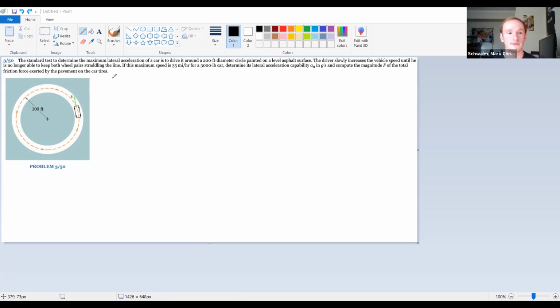The problem reads: the standard test to determine the maximum lateral acceleration of a car is to drive it around a 200-foot diameter circle painted on a level asphalt surface.